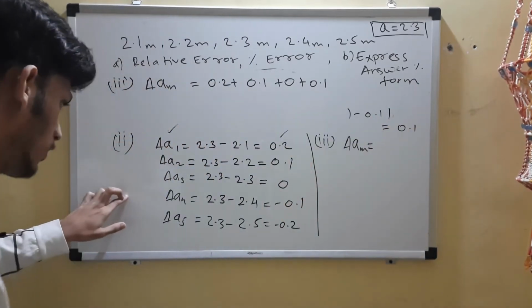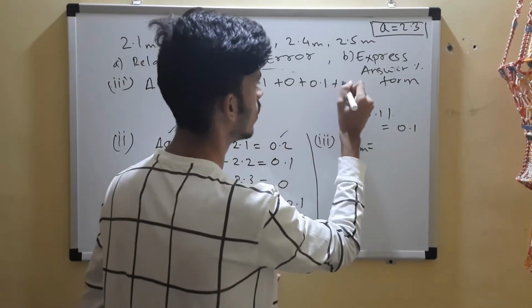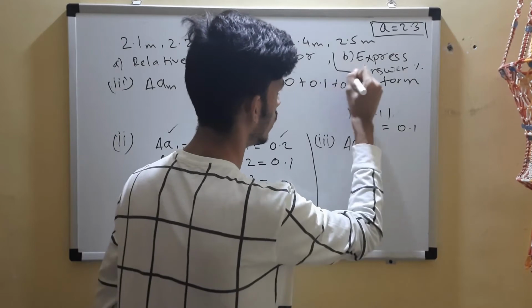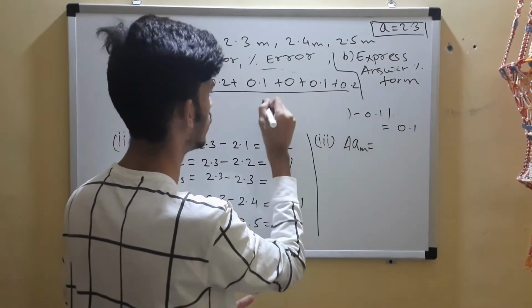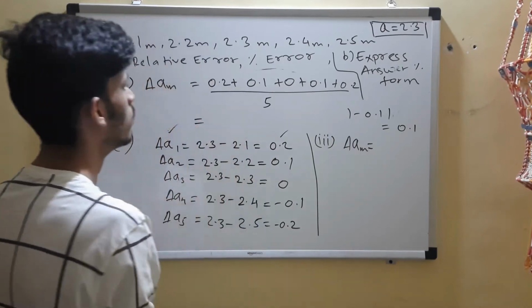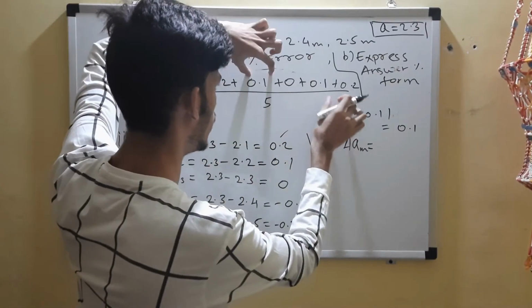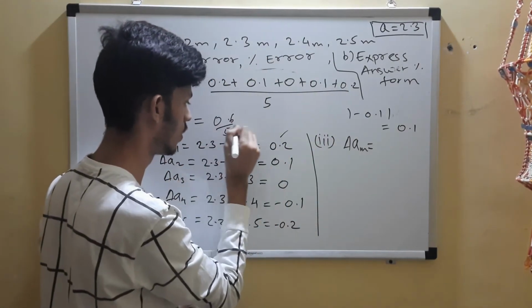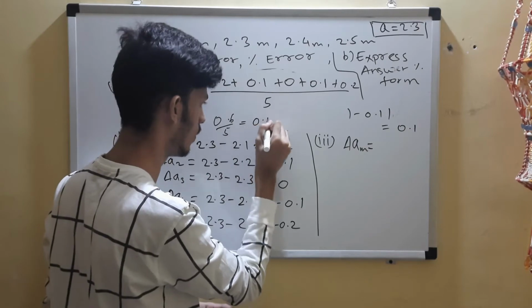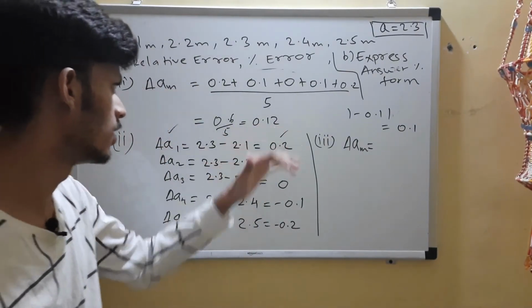And A5 minus 0.2 will also become positive. Now count 1, 2, 3, 4, 5, so divided by 5. Now just add: 0.2, 0.2, 0.4, 0.5, 0.6. So 0.6 by 5 gives us 0.12.